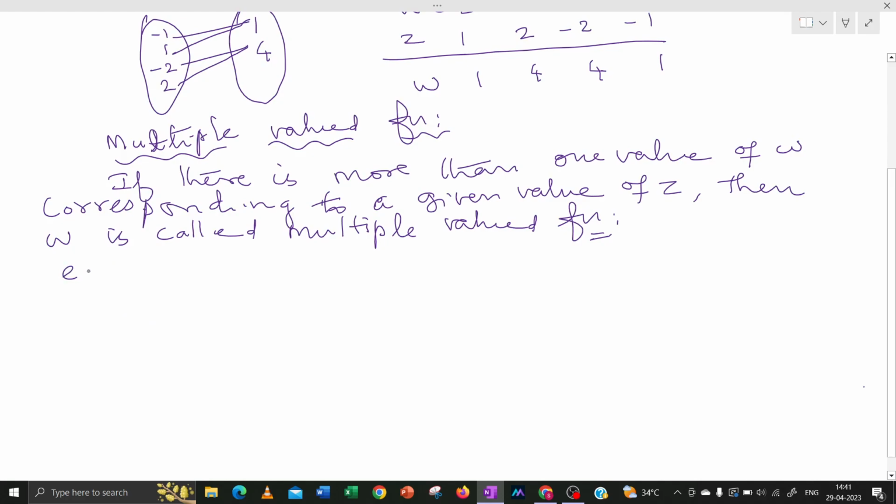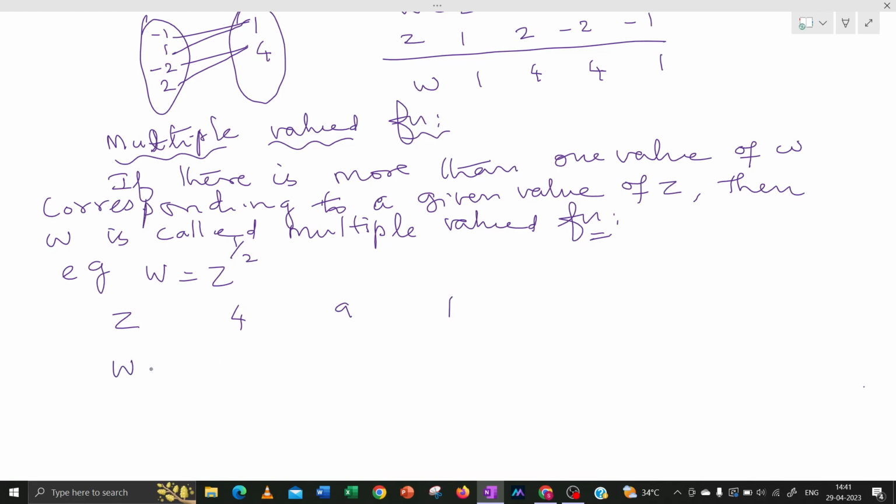See, for example, w equal to z power of half. Z value is 4, 9, 1.